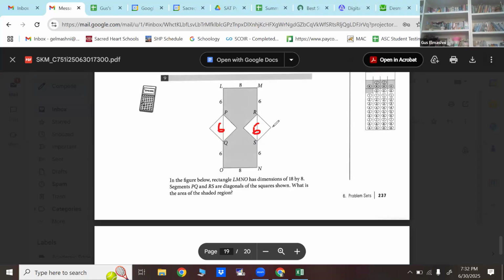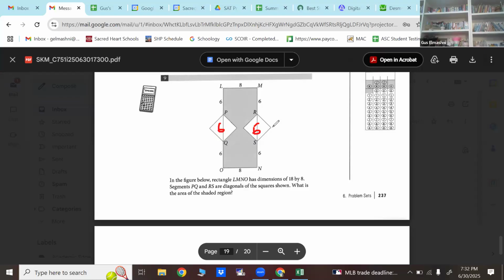So what do they want? The area of the shaded part. What I would do is find the area of the whole thing first and subtract the 2 triangles. Because if you can find the area of the 2 triangles, then what's left over is the shaded part. Do you see why I'm approaching it that way? I want to find the area of the whole rectangle and take away the 2 unshaded triangles inside the rectangle, right?